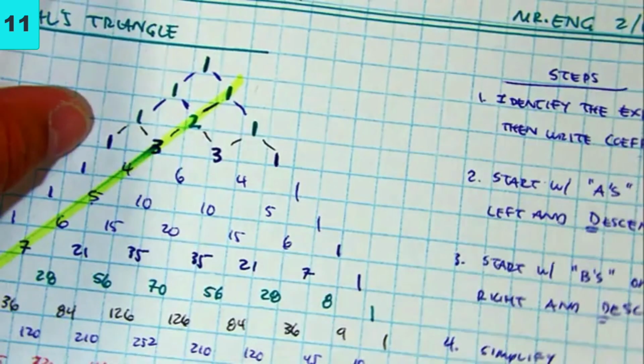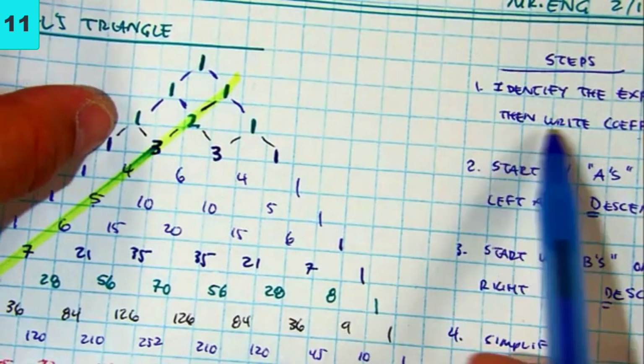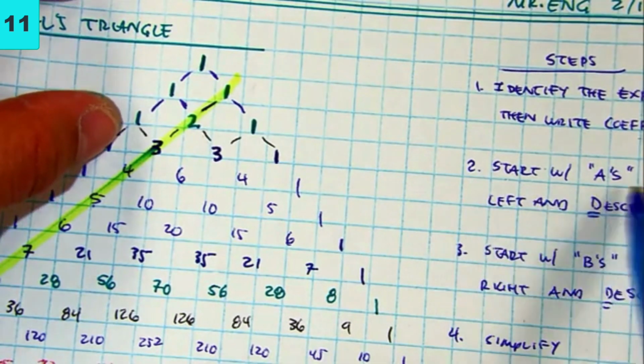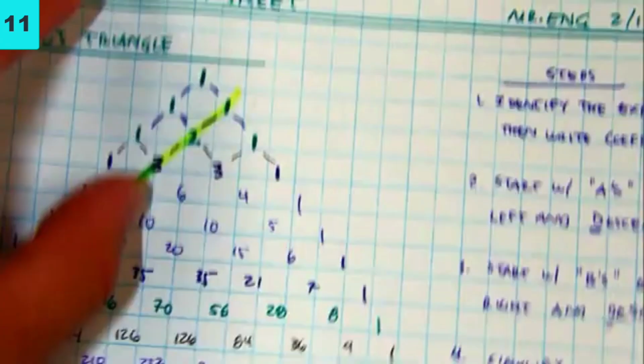So we've identified the exponent, and then we wrote the coefficients. Now we're going to start with the a's on the left side, and we're going to descend.